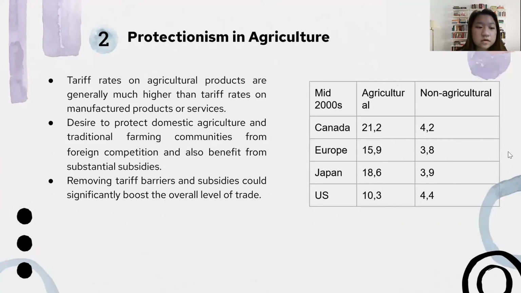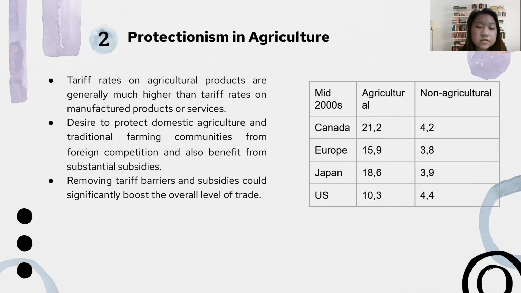The second unsolved problem is protectionism in agriculture. There is another recent focus of the WTO about high levels of tariffs and subsidies in the agricultural sectors of many economies. The problem is that tariff rates on agricultural products are generally much higher than tariffs on manufactured products or services.